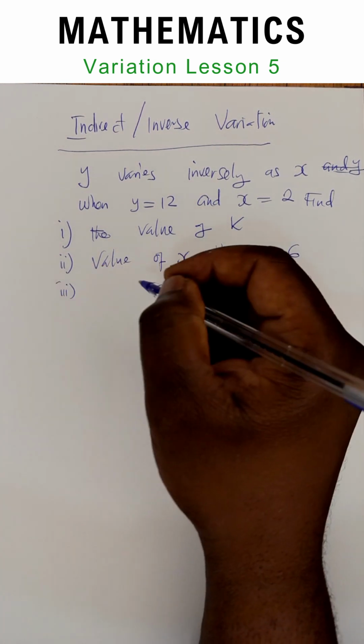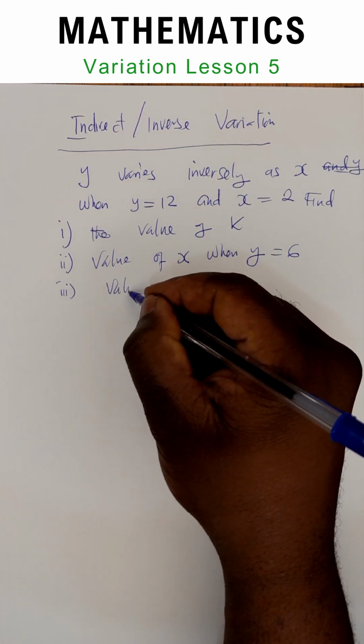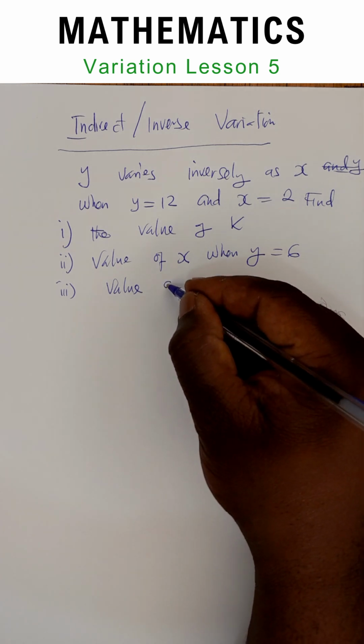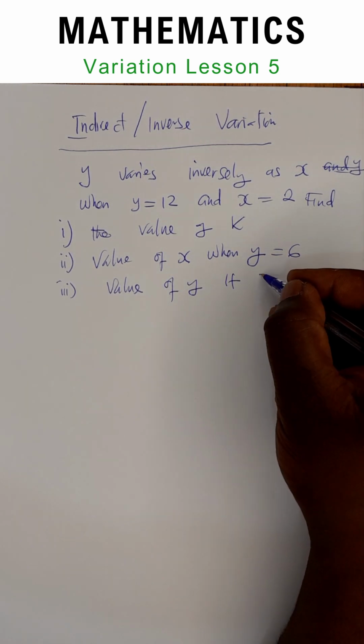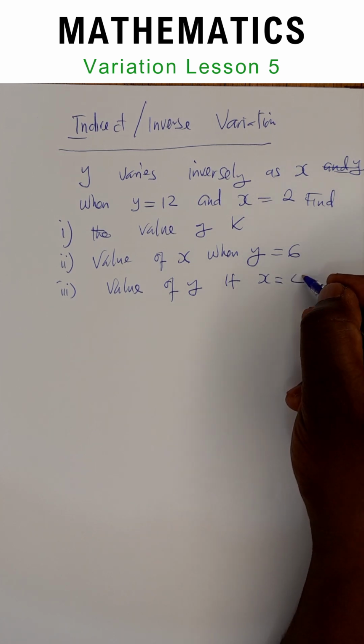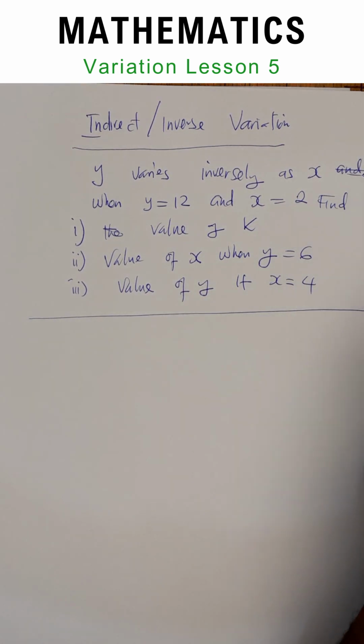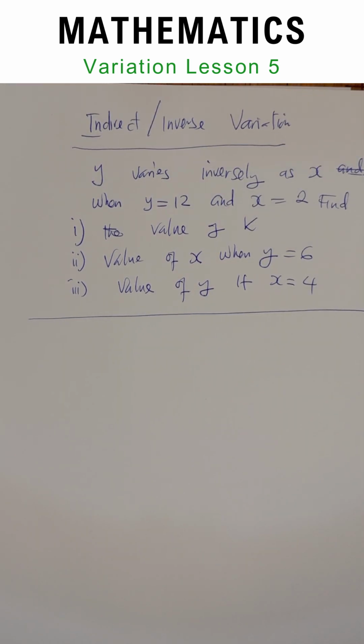Number three, we can say value of y if x is equal to 4. It's done. Very simple, guys. So same procedure, only 2 steps are needed. 2 steps only, not more or less.